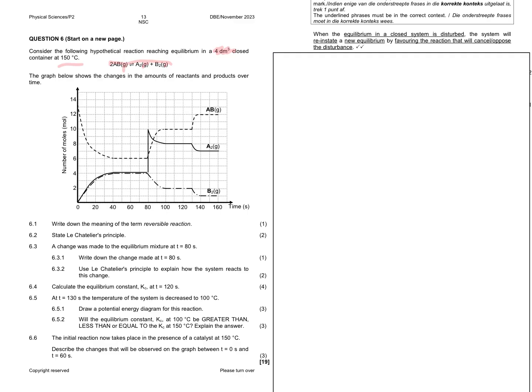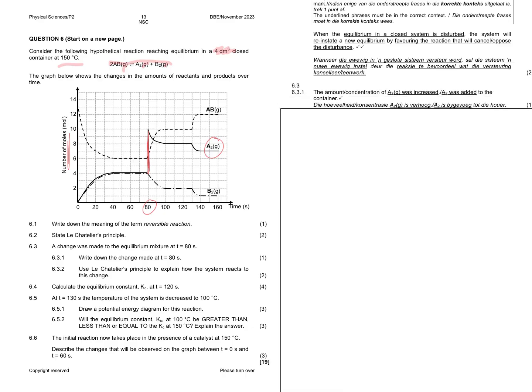Then, in this graph, they say that a change was made to the equilibrium mixture at 80 seconds. So that's here. Basically, whatever this is, went straight up. This one here, they increased the number of moles of A2. A2 was increased. So they say write down the change.